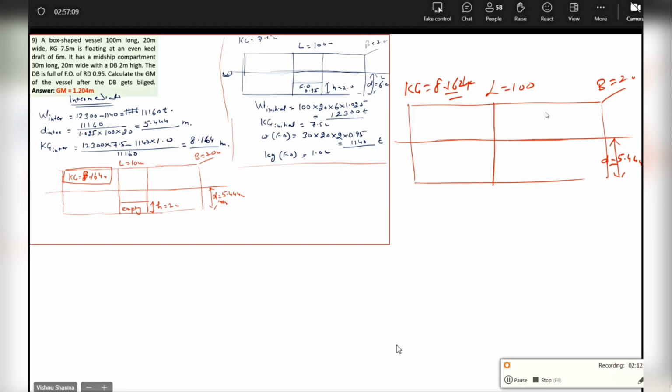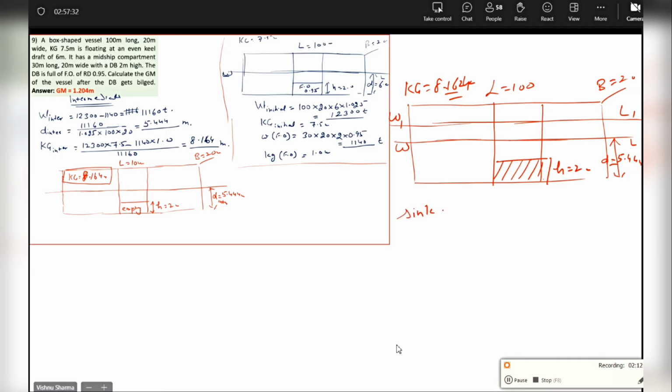It has this DB as empty. And now I bilge this DB. What will happen? This buoyancy would be lost. This will cause the vessel to sink to a new waterline W1L1. Now I can find out what the sinkage is.